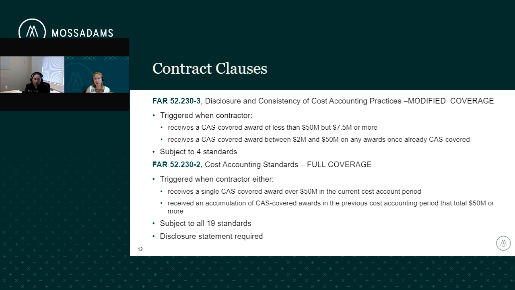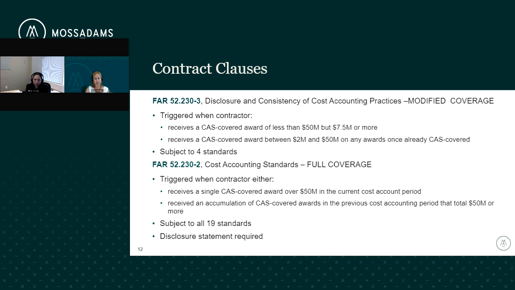That's going to be triggered when a contractor who's not otherwise exempt from CAS coverage either receives a CAS covered award of less than 50 million, but more than 7.5. So typically that 7.5 million is going to be that trigger contract. Or they can receive a CAS covered award between 2 million and 50 million once they're already CAS covered. And in that case, they'd be subject to the 4 standards, and we'll go through those as we move along in the presentation.